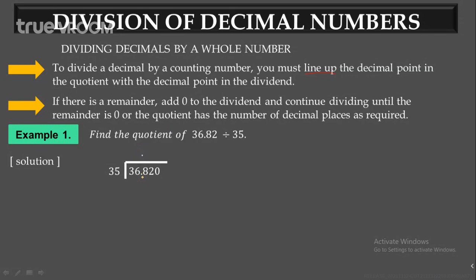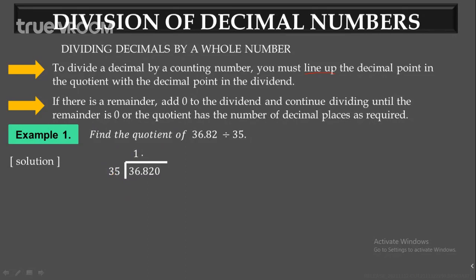Now you are going to divide 36 divided by 35. How many 35 are there in 36? 1. So you are going to write 1 here. So 1 times 35 is equal to what? 35.